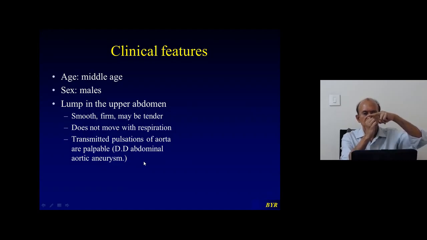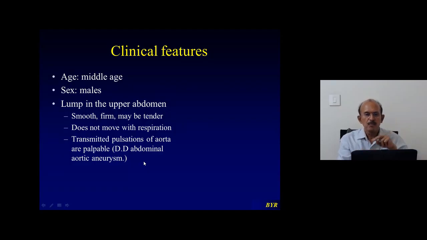It will be placed a little away from the aorta if it is not adherent. That is why the pulsations will disappear. But if you push the mass back against the posterior abdominal wall, then you can feel the pulsations. If you just keep your hand over the anterior abdominal wall and the mass, there will not be any pulsation, but if you push it back, then you can feel the pulsations.